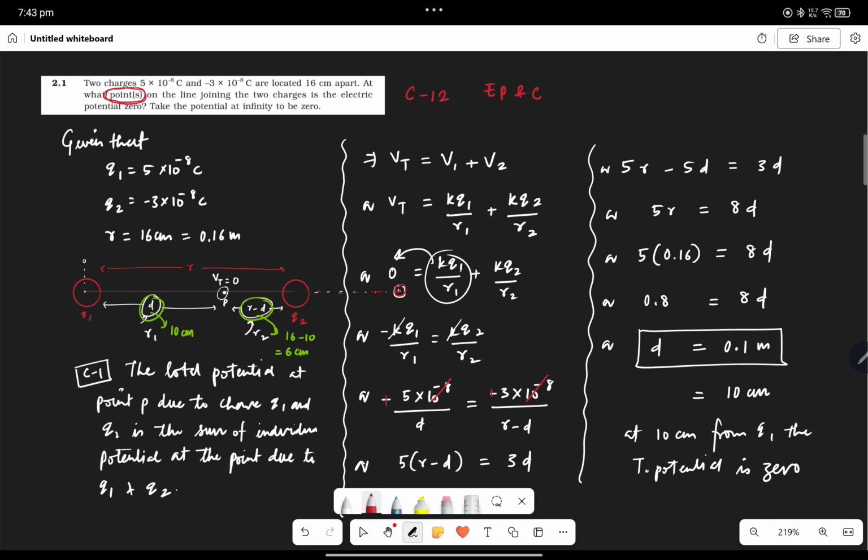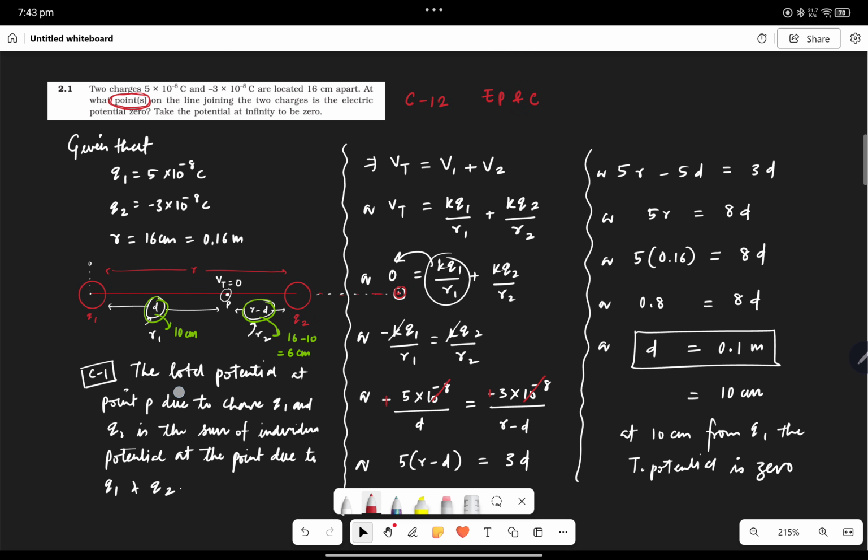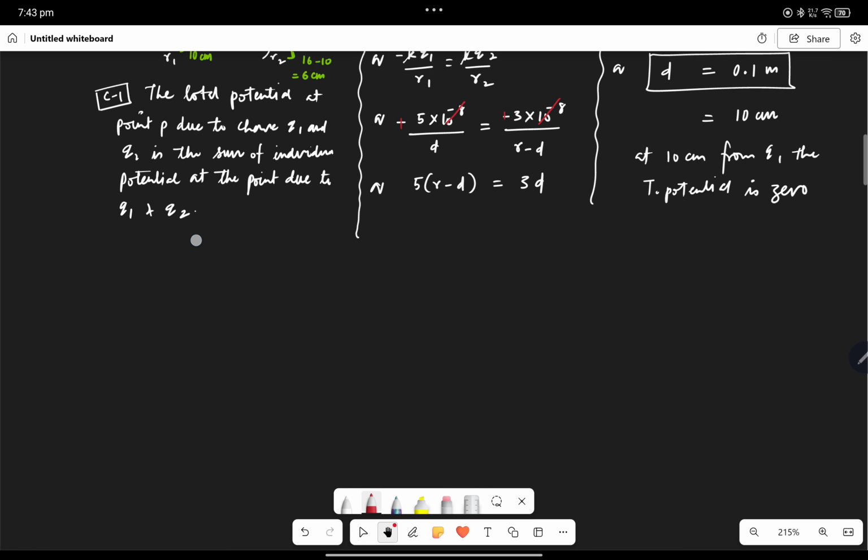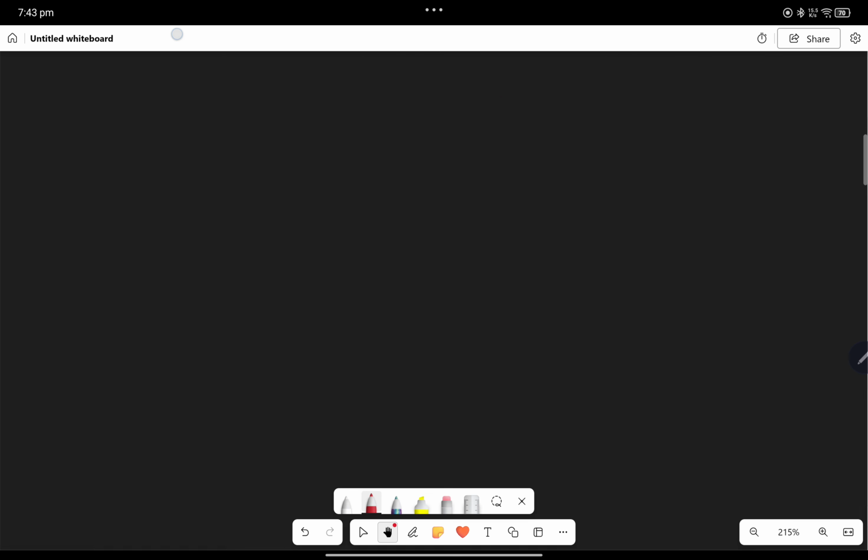So for that also we have to solve. If we are considering the point outside the system, then what are we going to do?